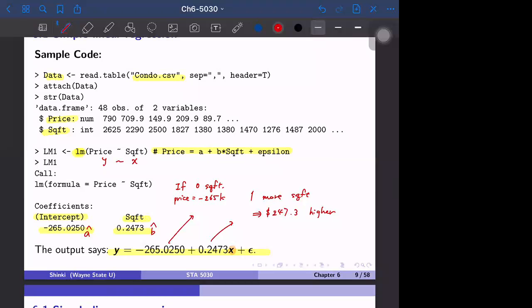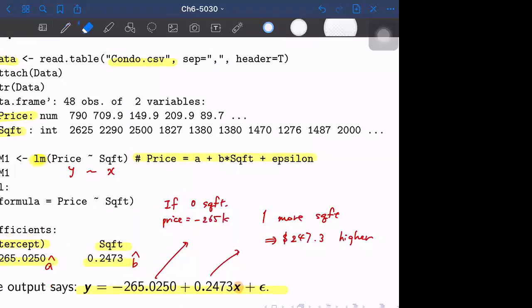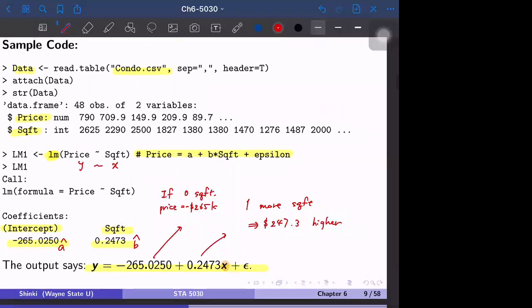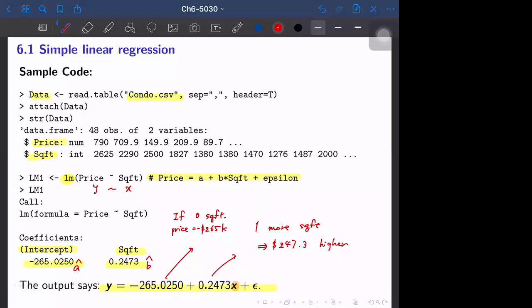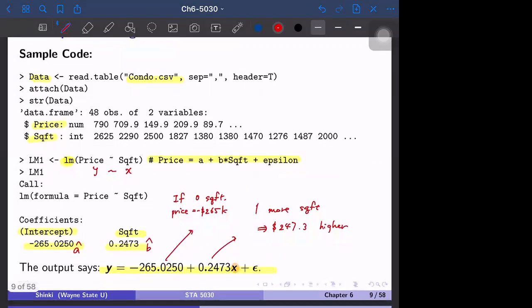Okay, so this is a kind of nonsense, but you can imagine that a house has some property tax, and the property tax is never below 0, usually at minimum 1,000 or 2,000. So if you have 0 square footage, you still have to pay taxes. So probably the value is negative. You can still interpret it in that way.